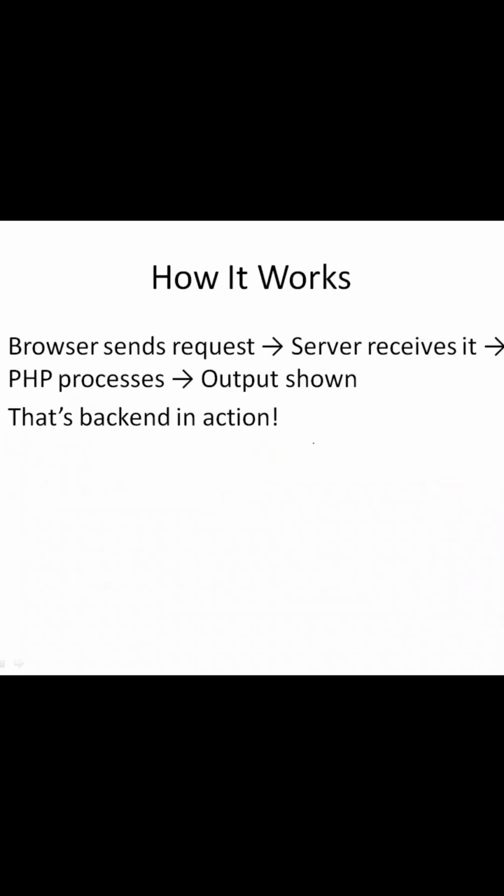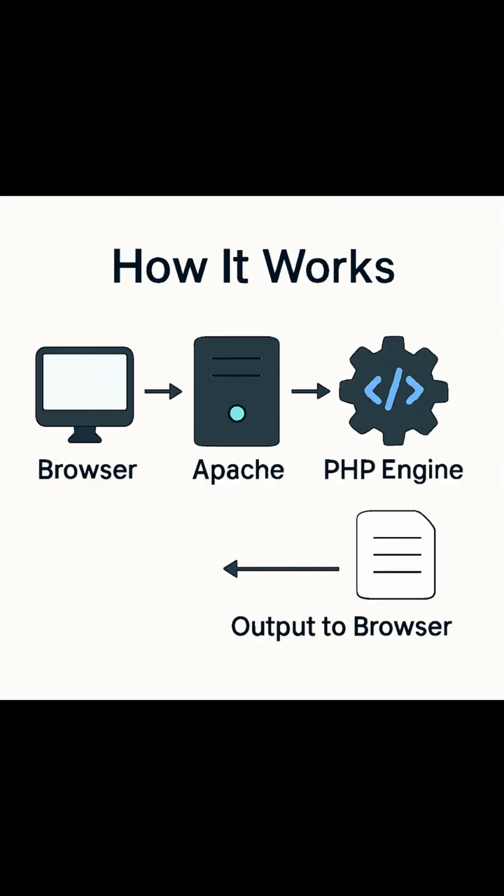Okay, so the next thing is how it works. Your browser will always send a request, and the server will receive that request, and then PHP will process the request, and the output is shown, just like we explained in our first lecture. That's lecture 1. We explained that the back end, this is the back end in action.